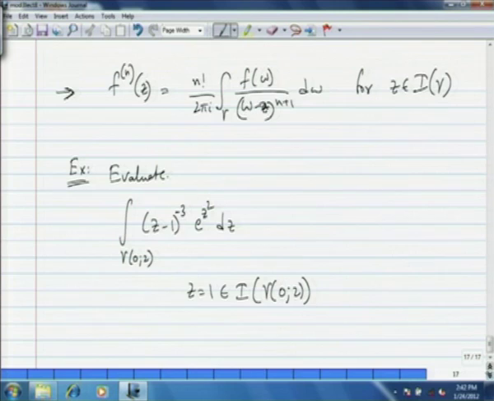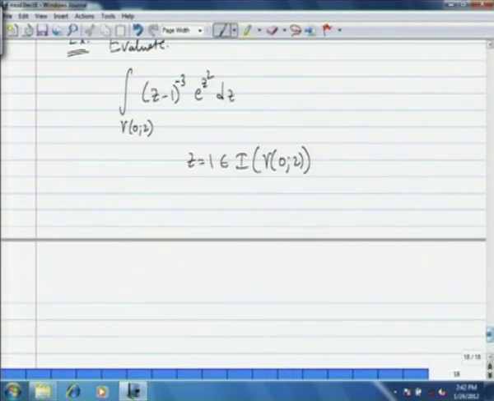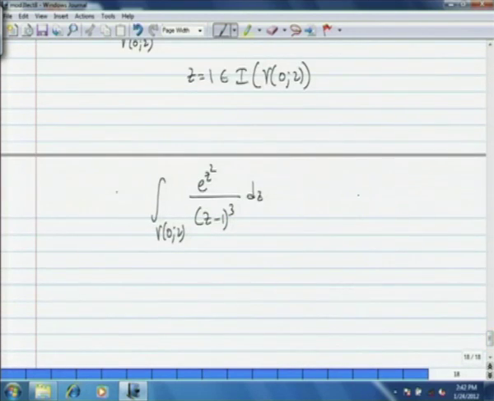So, what we will do is we will treat this integral over gamma 0,2 of e^(z squared) divided by (z minus 1)^3 dz as follows: we will take f(z) equals e^(z squared). So that this looks like f(z) divided by (z minus 1)^3, the integration being over gamma 0,2, dz.